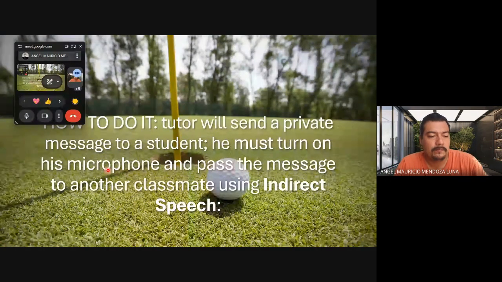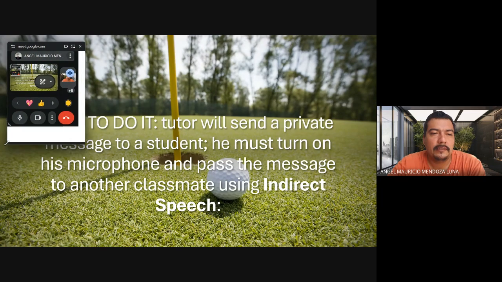All right? Gmail. So I'm gonna select a student who is online over here. All right, let me just set up the activity.